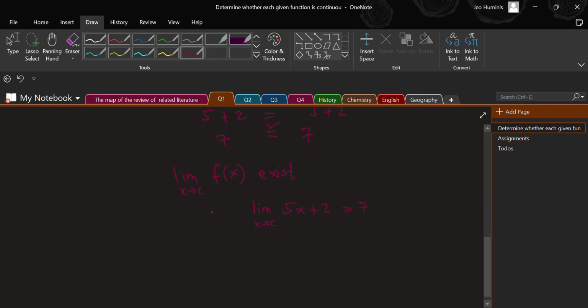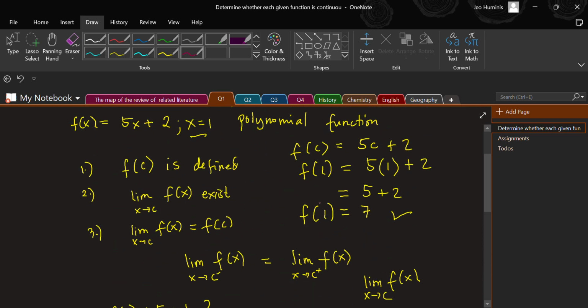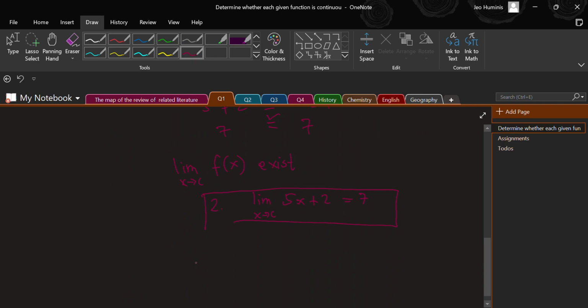So this is the second property. We go back to the first property, which is that f of c is defined. So the third property is the limit of f of x as x approaches c must be equal to f of c.